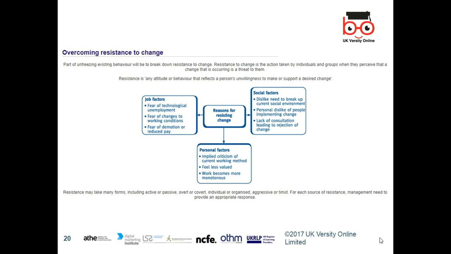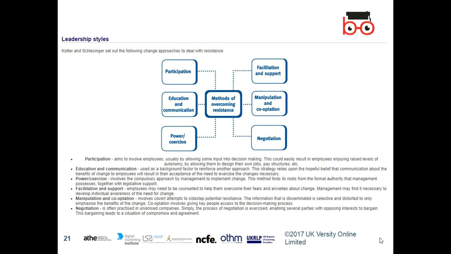And social factors: we need to look at people from different ethnic backgrounds, understand their culture and social factors, so we can implement the change effectively. Personal factors imply criticism of the current working method, feeling less valued. We need to make sure of work-life balance.